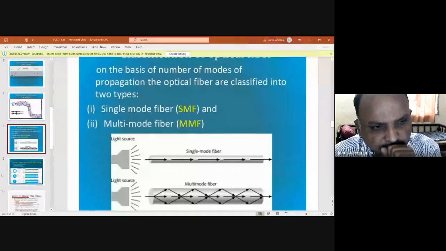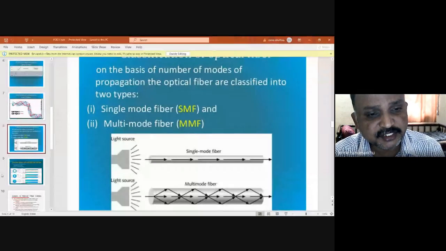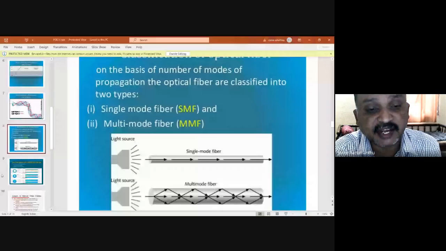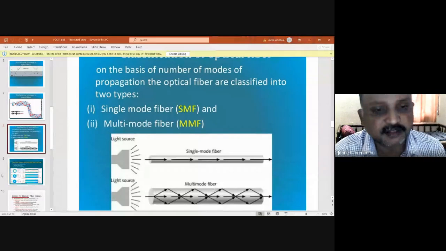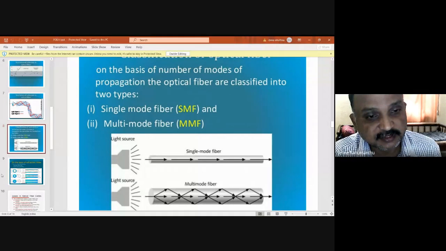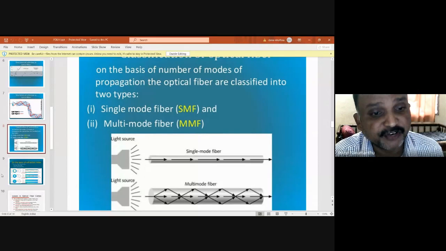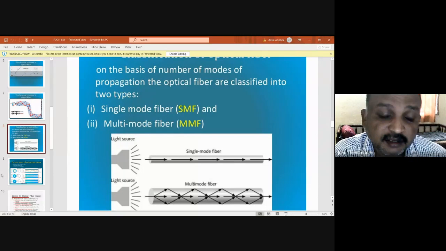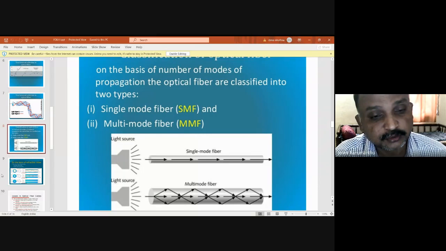The light enters into the core. That light may choose different directions, different paths, different ways, different modes to propagate within the fiber, within the core. That is called multi-mode, number of modes.